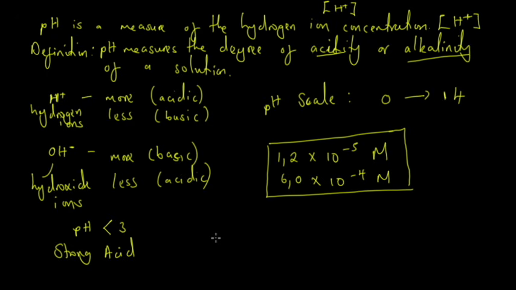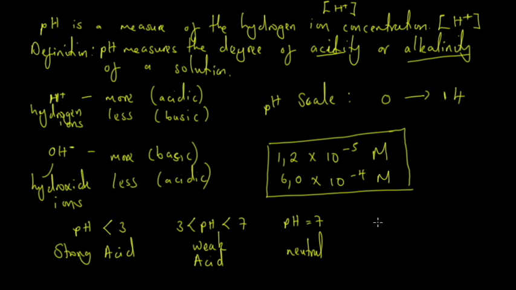Okay, so if the pH is greater than 3 but less than 7, we say it's a weak acid. This is important. Okay, just take note of it. And if a solution has pH equal to 7, we say this one is neutral.